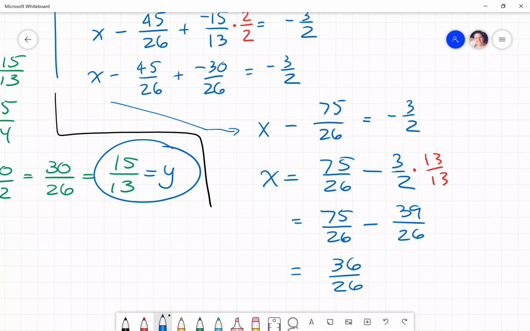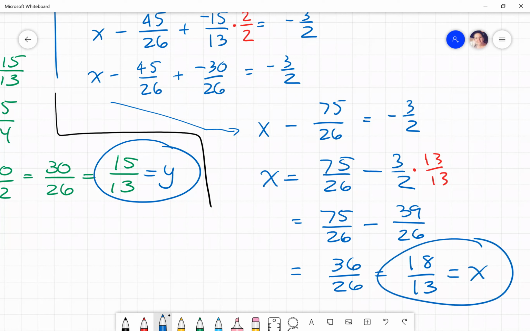Now, if I've made an error, hopefully you've noticed it. Let's see, if we reduce this, let my calculator do this one for me. I'm kind of tired of reducing. 18/13. And that's just 2 goes into both of them and you're done. All right, so that is your x.